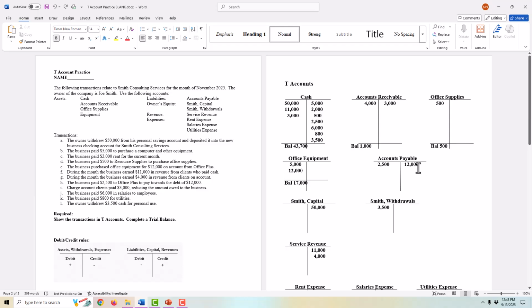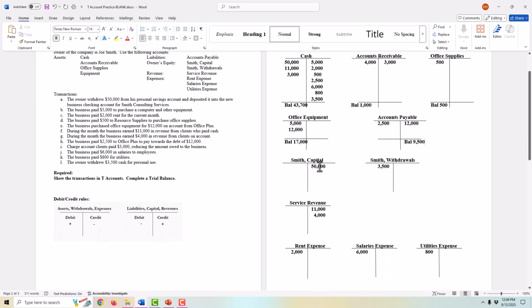For accounts payable, you have $12,000 on the credit side, $2,500 on the debit side. The difference between $12,000 and $2,500 is $9,500. And this time, your balance would go on the credit side because the credit of $12,000 was larger than the debit of $2,500.